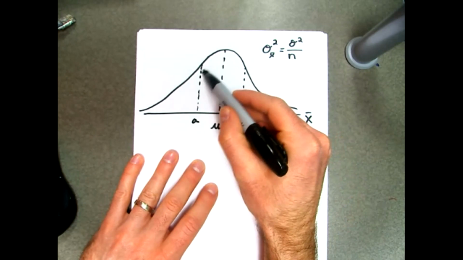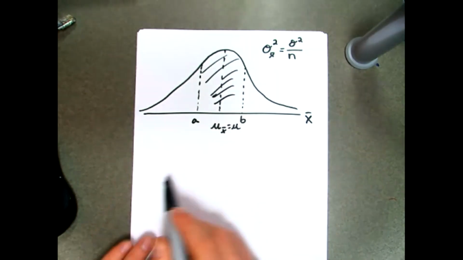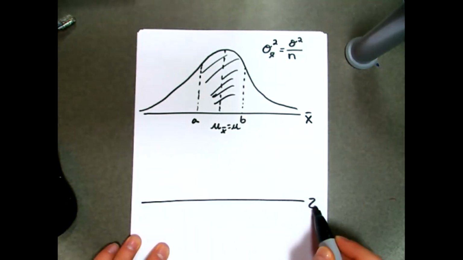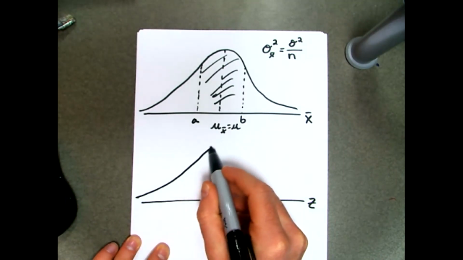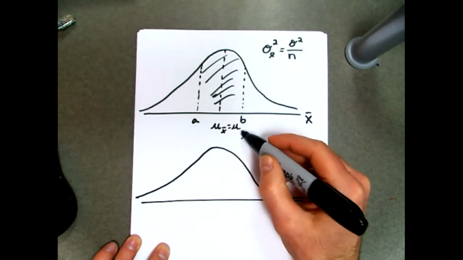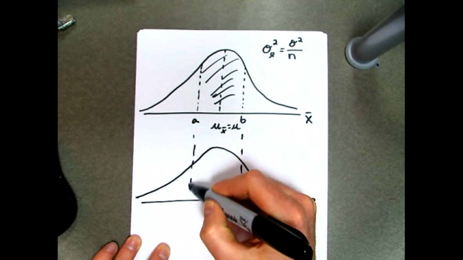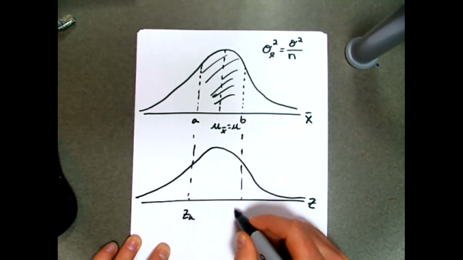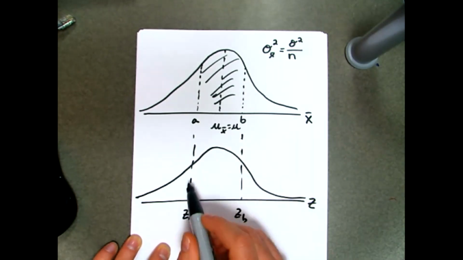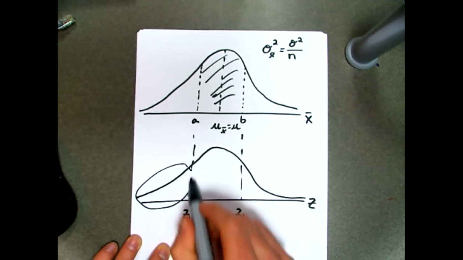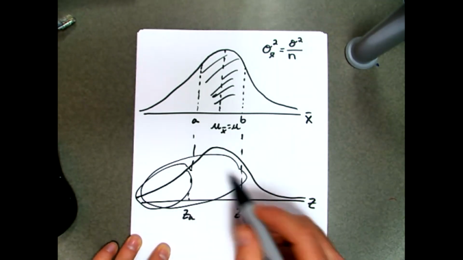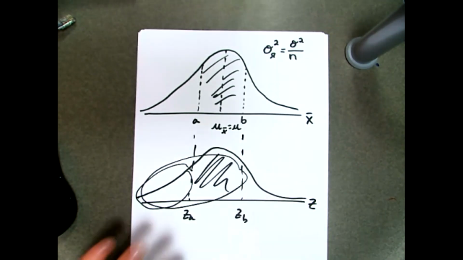I could turn both of these into z-scores, going through the process of last class: look up this z-score, find the area to the left, look at this one, find the area to the left, subtract the smaller from the larger one, and be left with what's in between. That's what we did last class.